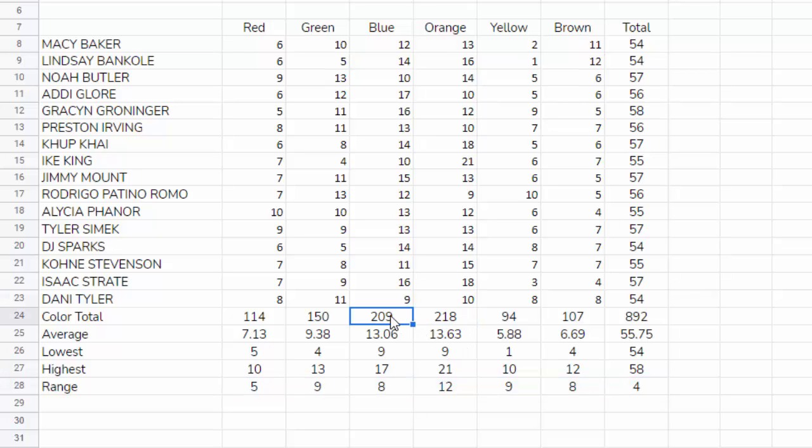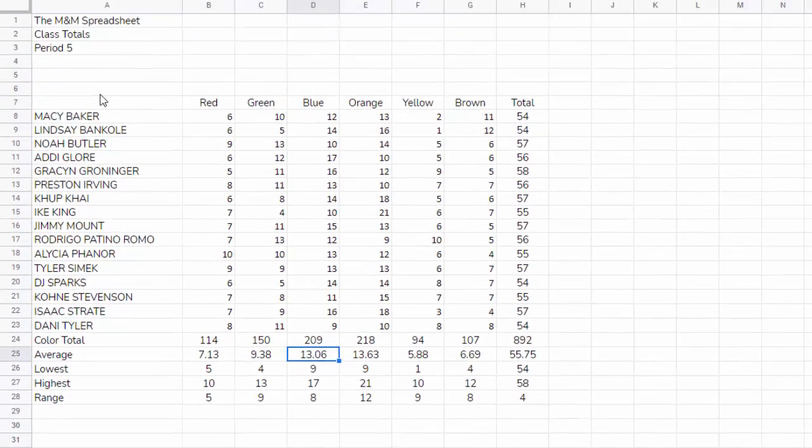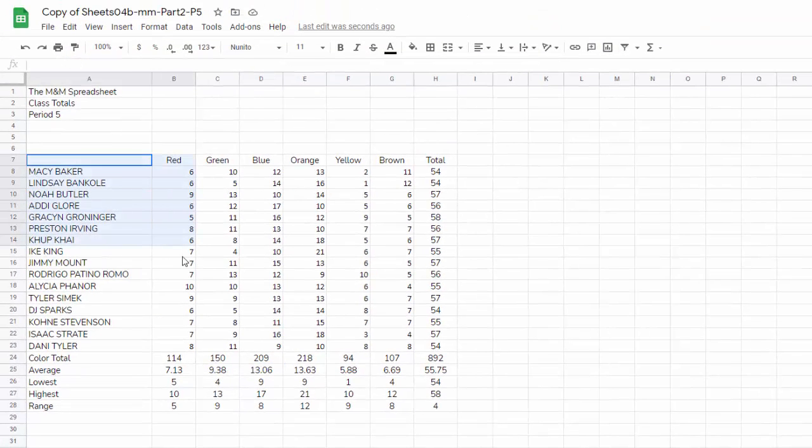Wasn't too far away with blue, 218 and 209, so that's pretty close. Certainly the two most common colors there, but then there's a drop-off, right? Green is way down here at 150, and you got averages here. So on the average, 13.6 and 13.06 for blue. They're really close.